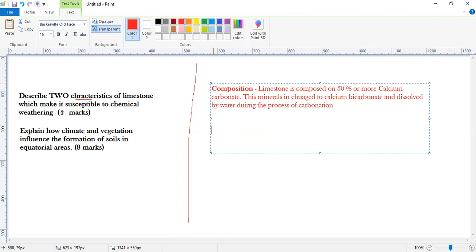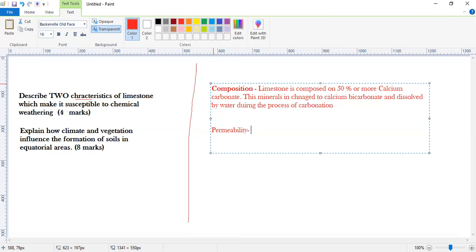Another good characteristic that we could give would be permeability. You wouldn't need to define permeability just because it's not a lot of marks.